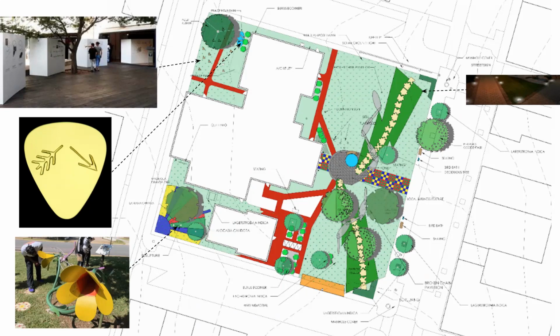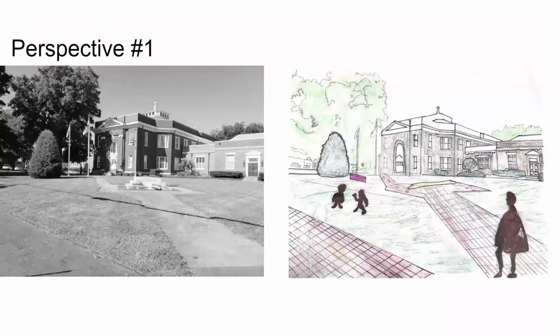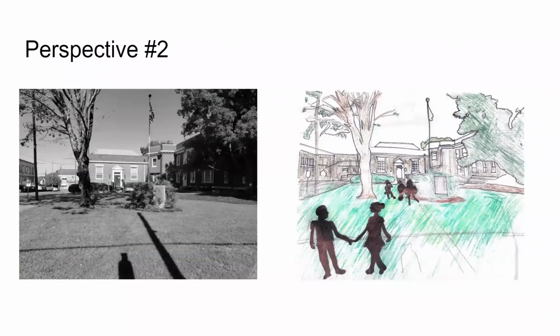One of the things I found was the broken arrow was a symbol for peace. So I was thinking that could be a fountain in the back. This is my first perspective. And this is my second perspective.